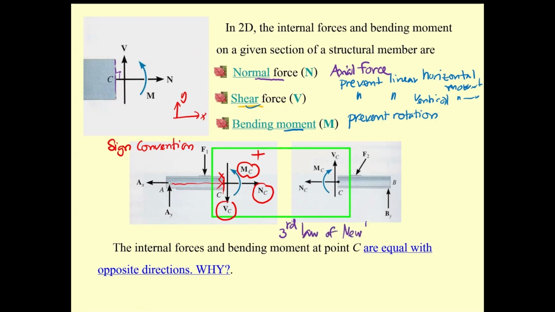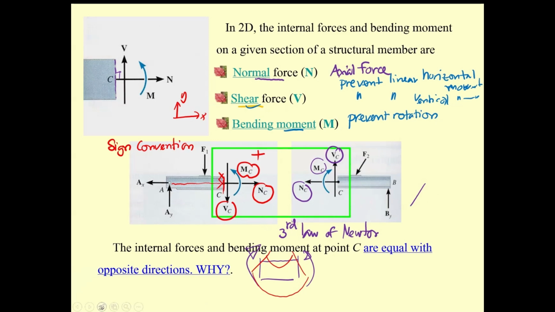So the shear force over here is positive. Axial force, normal force, we are also positive. And bending moment here is positive. And then if you take part of this one and put the moment on the left and on the right, you will see this kind of moment will provide positive moment.